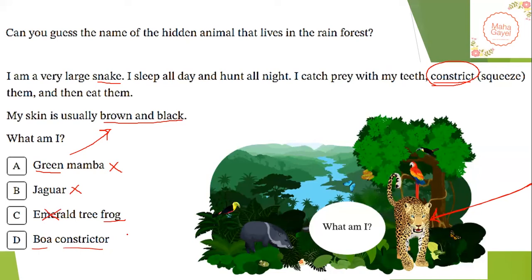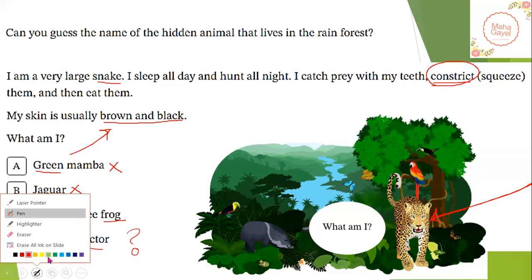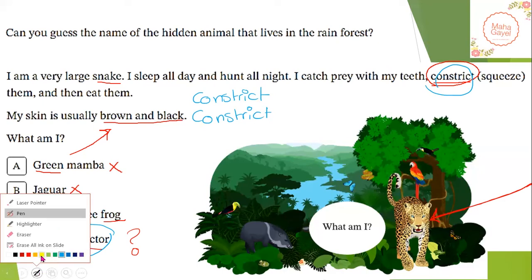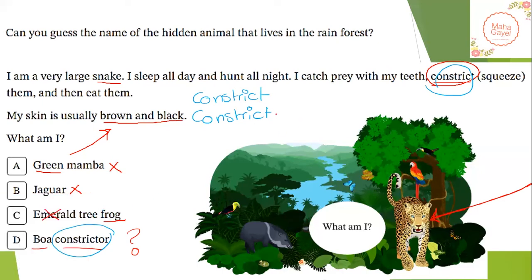Okay, let's come to the last answer, which is boa constrictor. Now, I do not know what a boa constrictor is, but you must notice this one. Notice constrictor. This word resembles the word constrict. So here we have two words, constrict and constrictor. Do you remember the suffix?